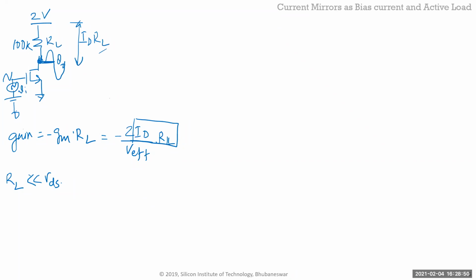Now, if I want to bias that at the middle, that's 1 volt, right? And this is 100K. Let's say I need 100K because GM times RL turns out to be 100K. But then they're not decoupled, in the sense that if you give me ID and you give me V, so let's say I'm given a power budget.